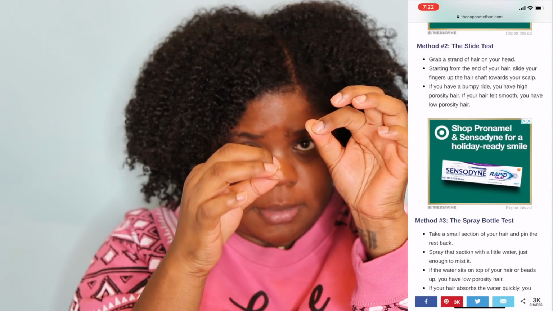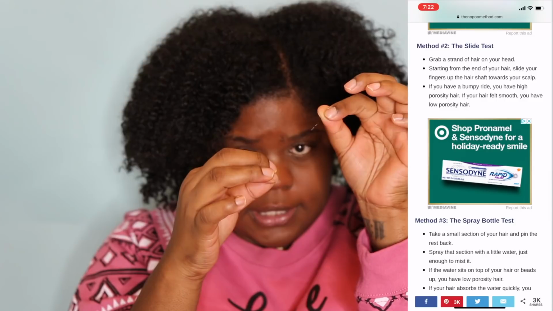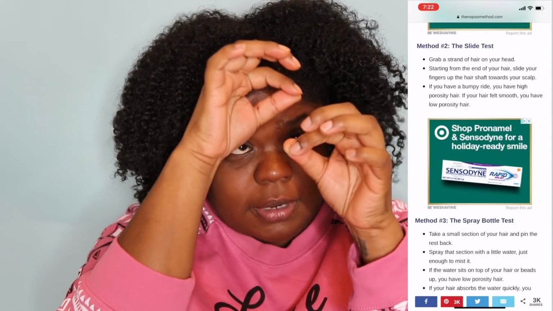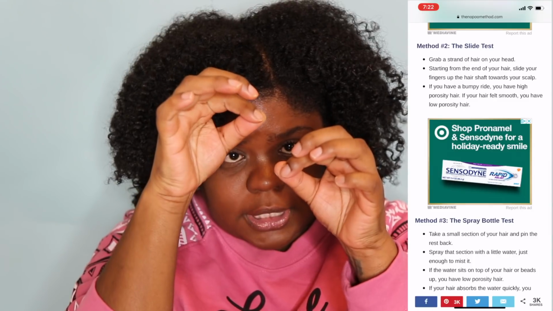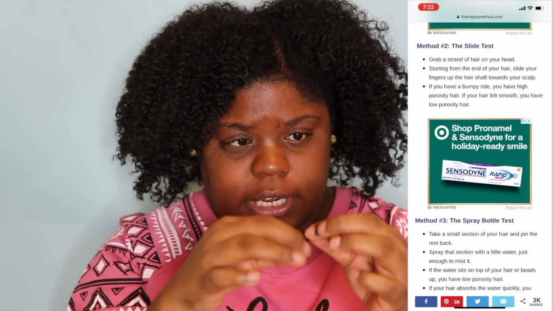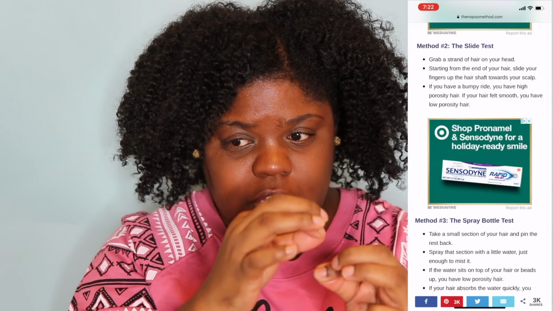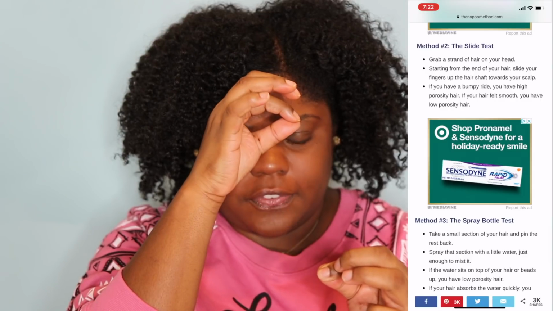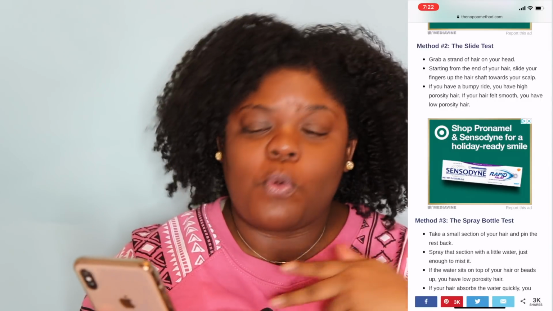But I'm trying to examine it to see if I have split ends. So I don't have any split ends on this strand. And it did feel a little bumpy. Like I can feel it. Test number one is telling me that I have high porosity hair. If your hair felt smooth, you have low porosity.